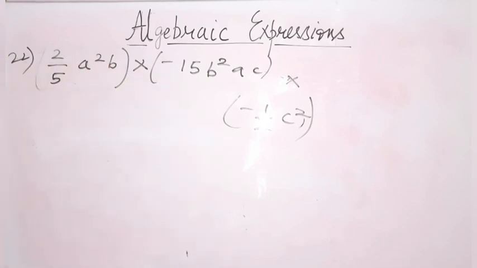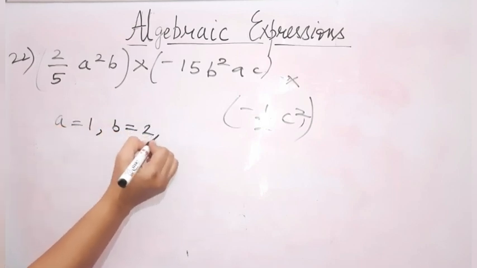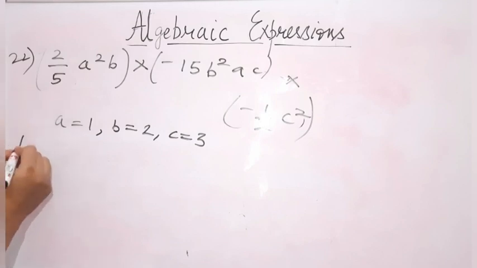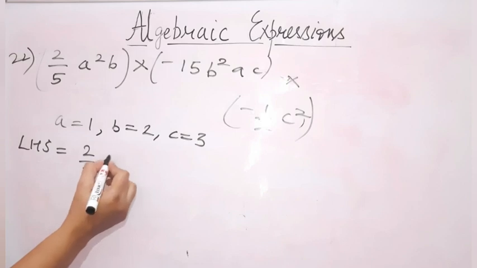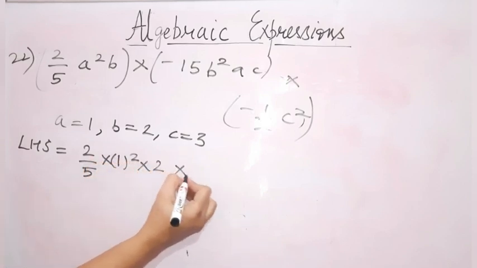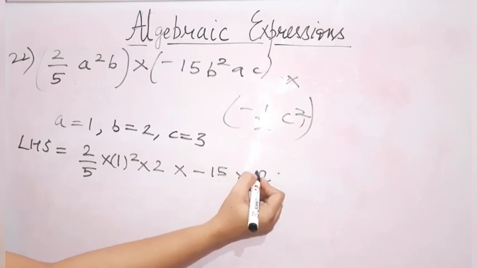So firstly I am going to solve LHS. Now in LHS you are going to directly place the values of A, B and C. So putting the values of A is equal to 1, B is equal to 2, C is equal to 3. We have to place the values and then we have to solve. So this is LHS, left hand side. We are going to solve 2 upon 5, 1 square multiplied by 2 multiplied by minus 15, 2 multiplied by 2.